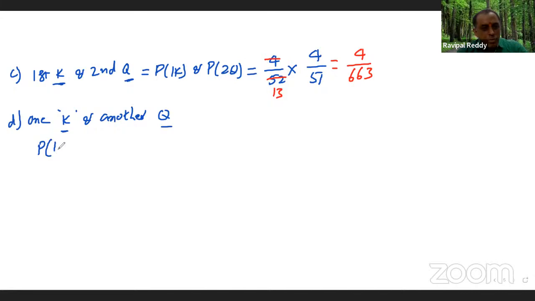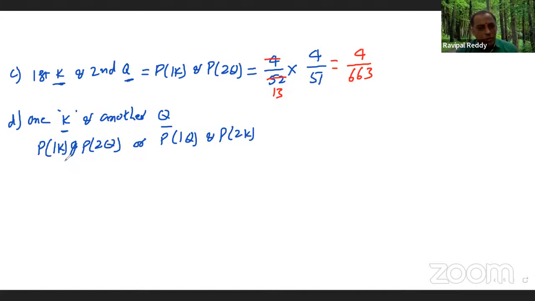Question D. Probability of first card king and probability of second card queen, or probability of first card queen and probability of second card king. Both the cases are there. We accept these two things. So now what is the probability?